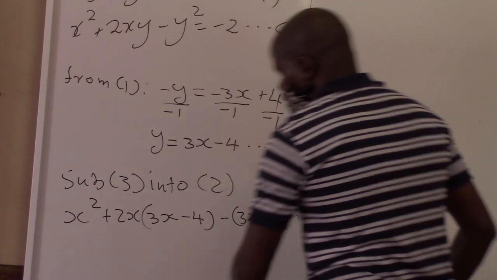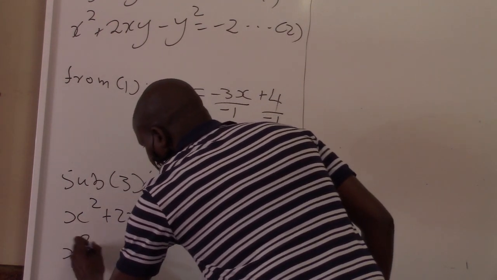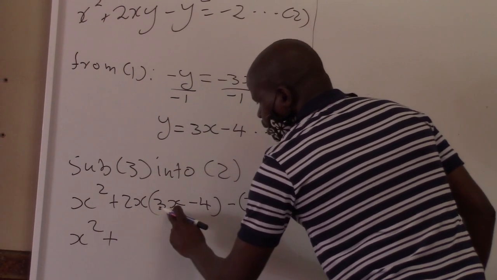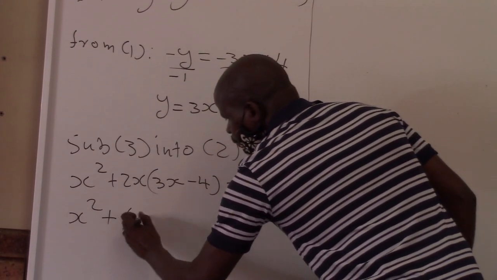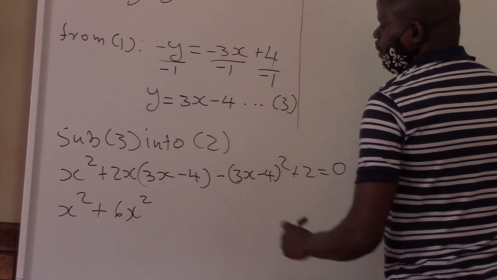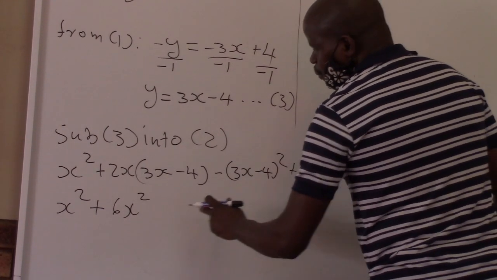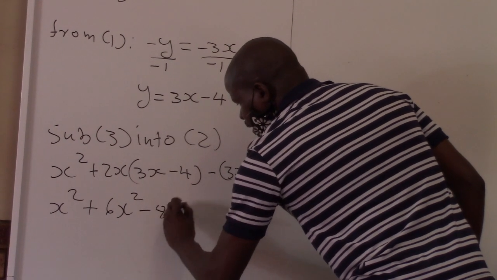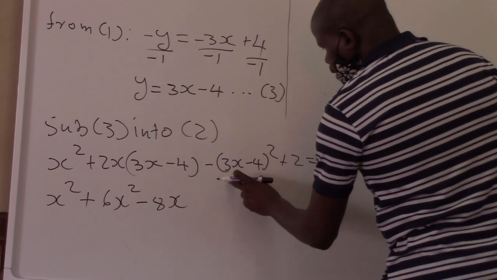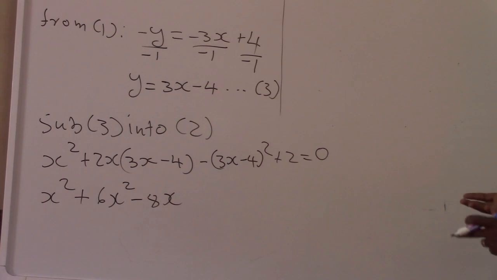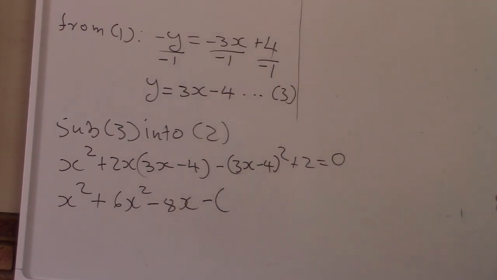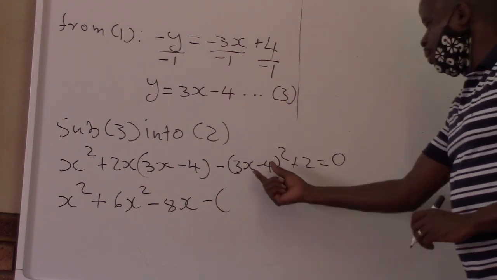So we will have x squared, and then plus 2x times 3x, which gives us 6x squared. Again, we are using the distributive law. 2x times negative 4 will give us negative 8x. And then this one, we are writing it twice, so we still have the negative so that we don't get confused.